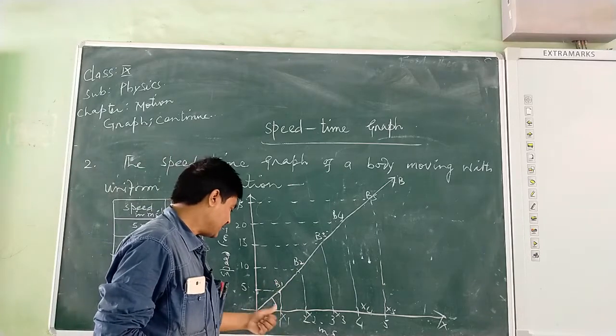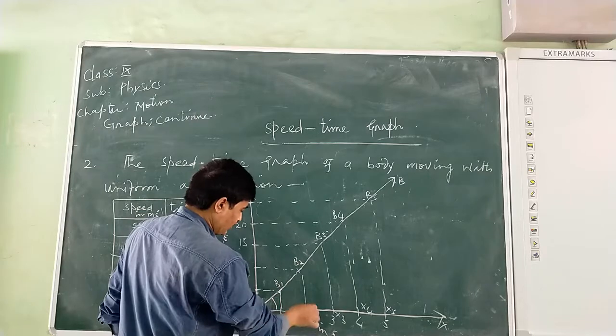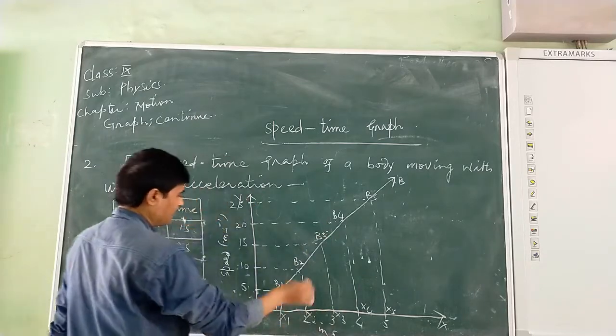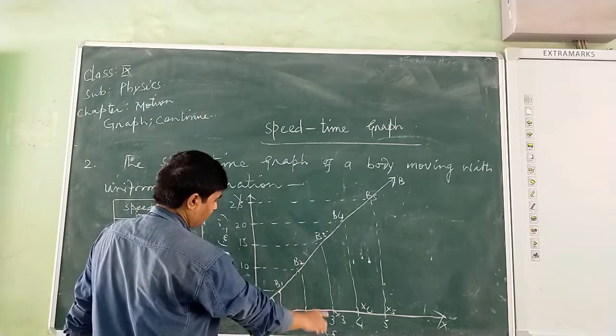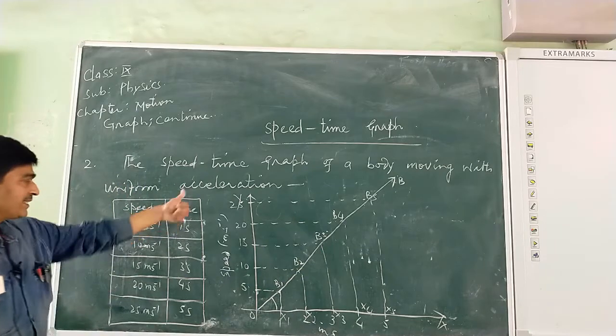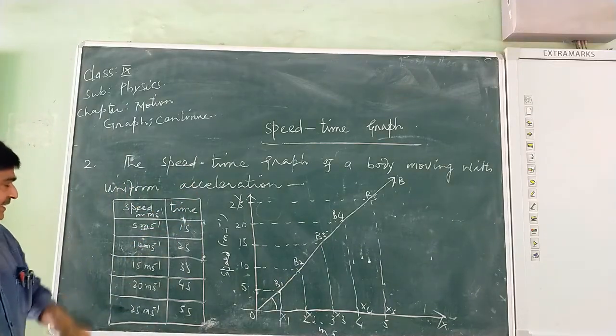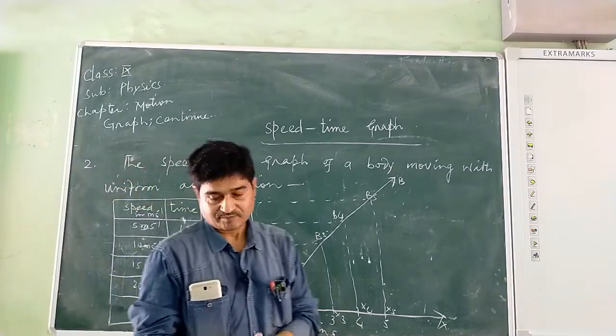Here we see B1X1 by OX1, B2X2 by OX2, B3X3 by OX3, then 5 by 1, 10 by 2, 15 by 3, 20 by 4 and 25 by 5 meter per second by second, meter per second square. Hence, this is the acceleration.